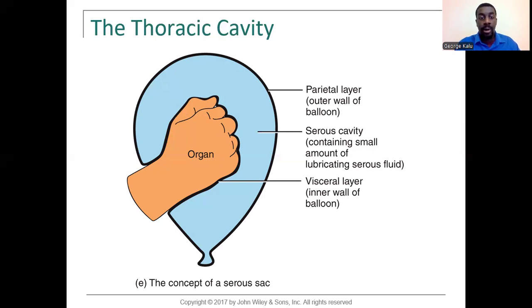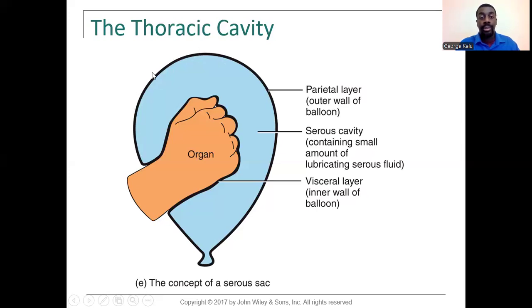The part of the balloon that is overlying your fist would be your visceral layer, your fist representing the organ. Lining your fist, that is your visceral layer. Everything else around that would be referred to as parietal layer.